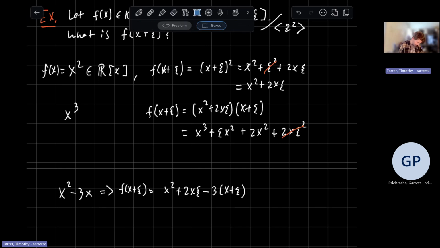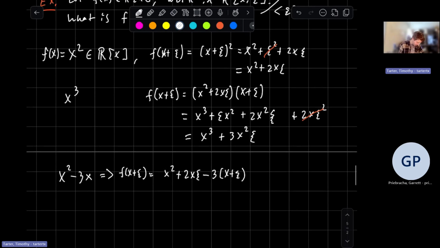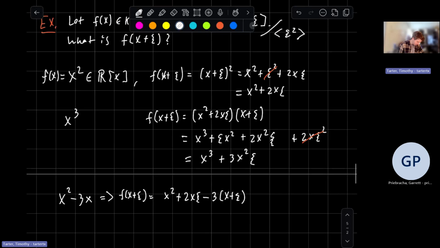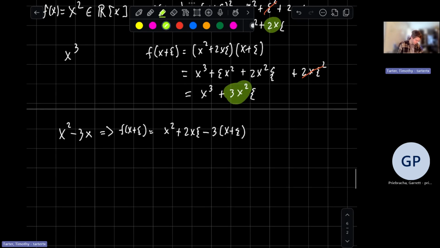Oh, we missed something up here. It's 2x squared epsilon, which is then equal to x cubed plus 3x squared epsilon. There we go. And I'm just going to highlight that what falls out of this is like the power rule. It does differentiation in the epsilon term.